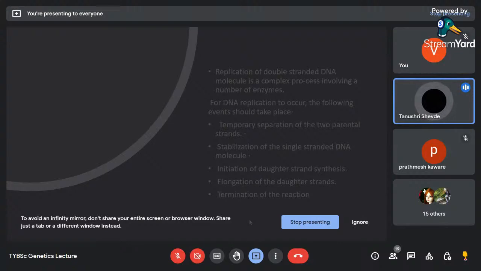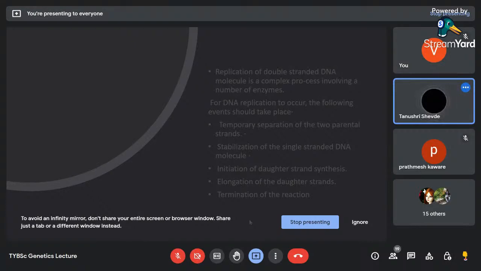DNA replication is a process where a genome's DNA is copied in a cell, meaning a complete set of genetic information stored in the organism. Replication of DNA is a complex process that involves a number of enzymes. There are many steps like temporary separation of the two parental strands, stabilization, initiation, elongation, and termination.